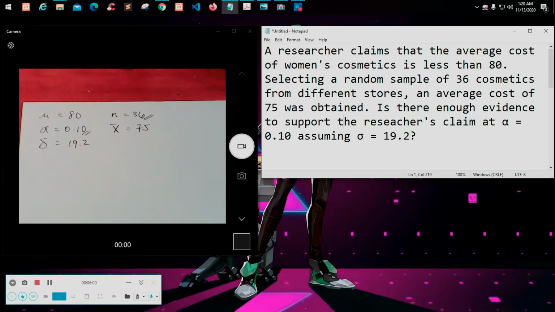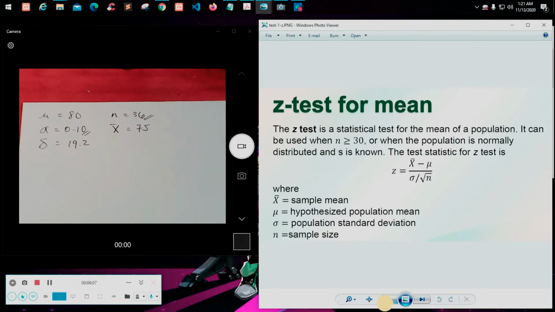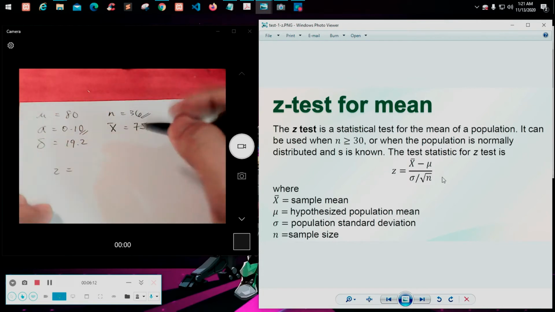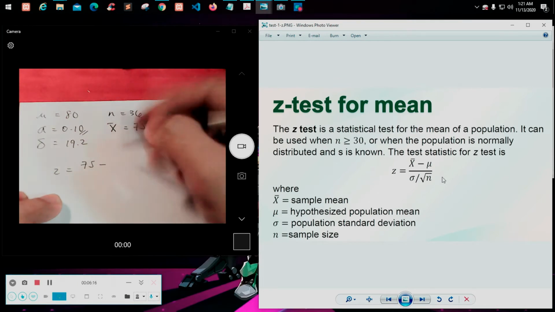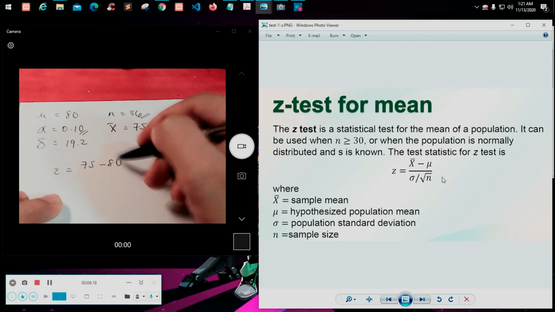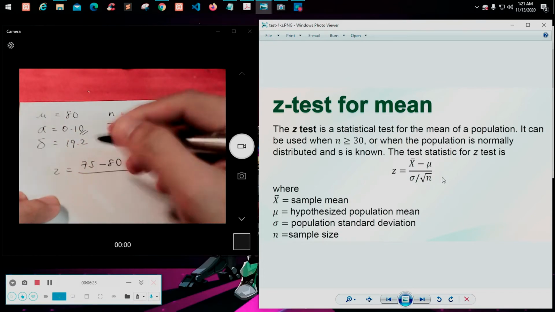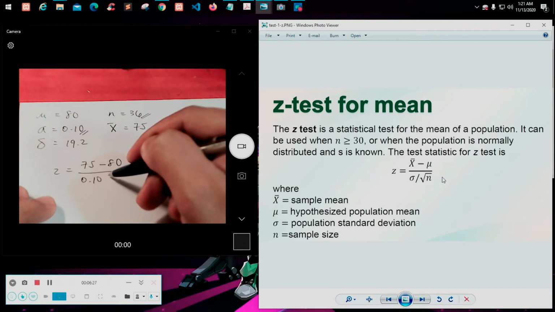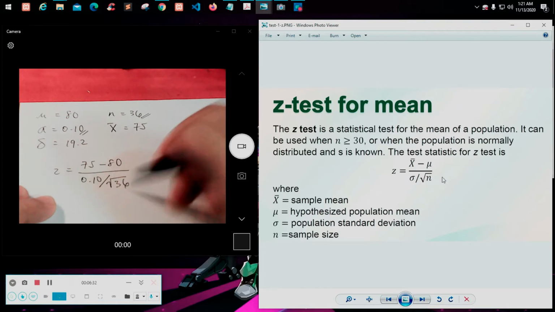So observing this problem, we will be solving using the z-test. Ayan. So to solve for z-test, check natin yung formula para sigurado. So z is equals to the sample mean, which is the 75, minus the population mean, which is 80, over the population standard deviation divided by the square root of the sample size, which is 36.